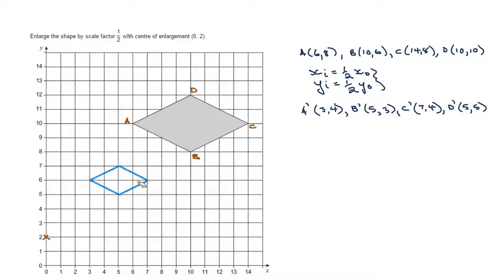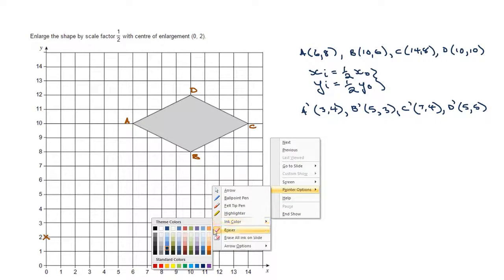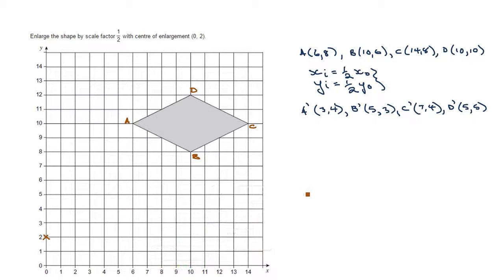Okay, so this time what I want to do is draw vectors from the centre of enlargement, which we can't really call 0, let's call it E. So I want to draw a vector from the centre of enlargement to all of the vertices, in fact. So let's just do that.